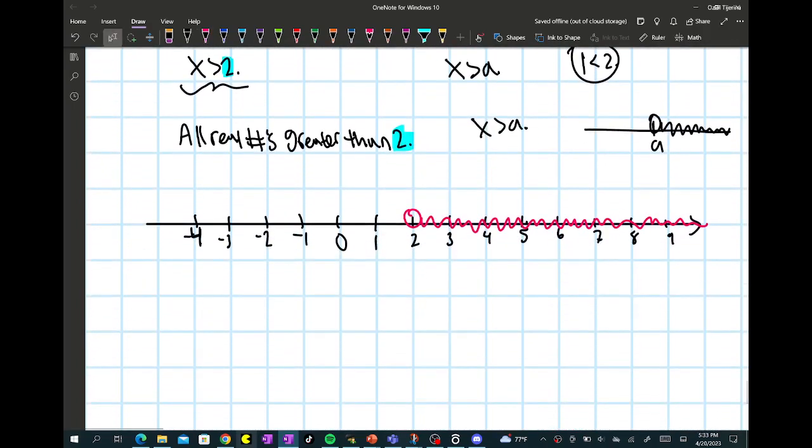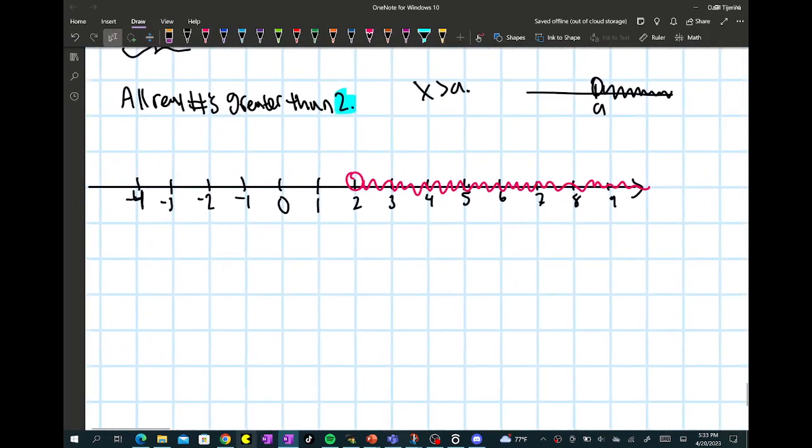Now, to write this in interval notation, we know we have all the real numbers greater than 2. And again, it goes on forever. This is infinity over here, meaning that the numbers just keep going. I wouldn't call infinity a number.